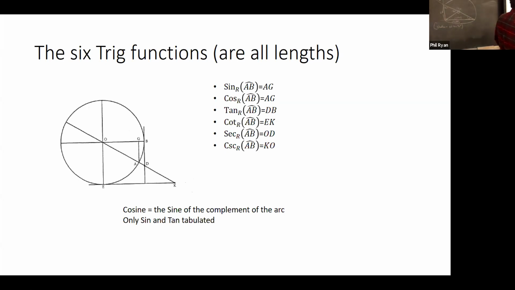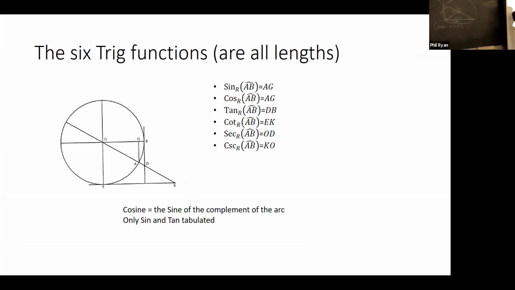Okay, so tan is BD, and now we see why it's called tan. It's called tan because it's the length of the tangent. Cotangent is EK, which is this thing here. Secant is OD, and we see why it's called secant, because it's a secant.